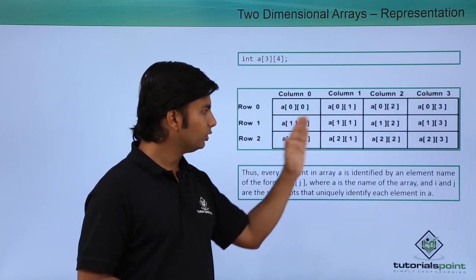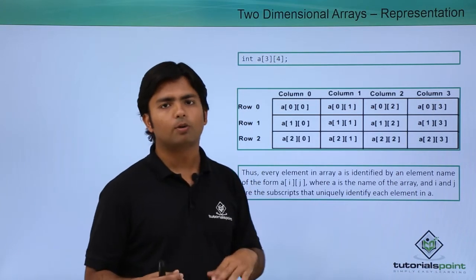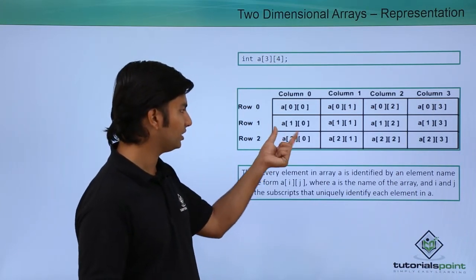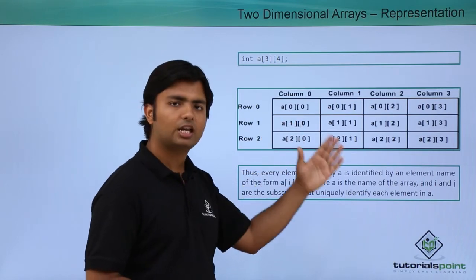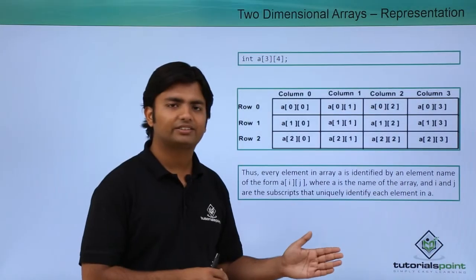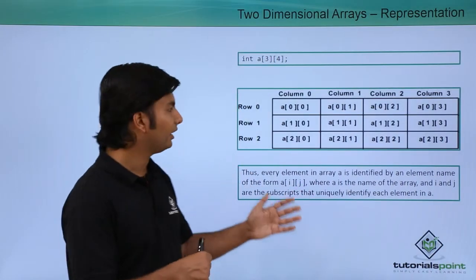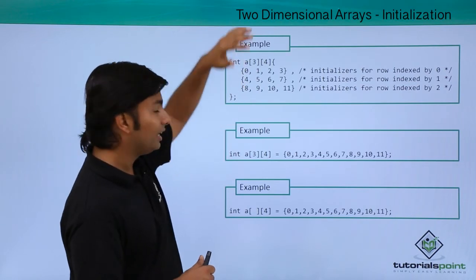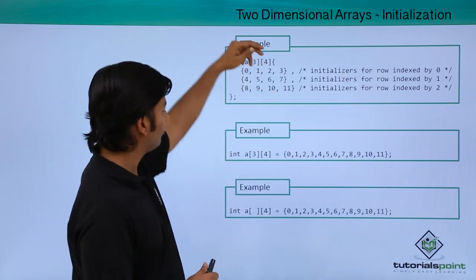Similarly, you can write a loop, or for accessing an individual block, you can pass the indexes after the name of the array, and you can use the indexes for reading and writing the values.